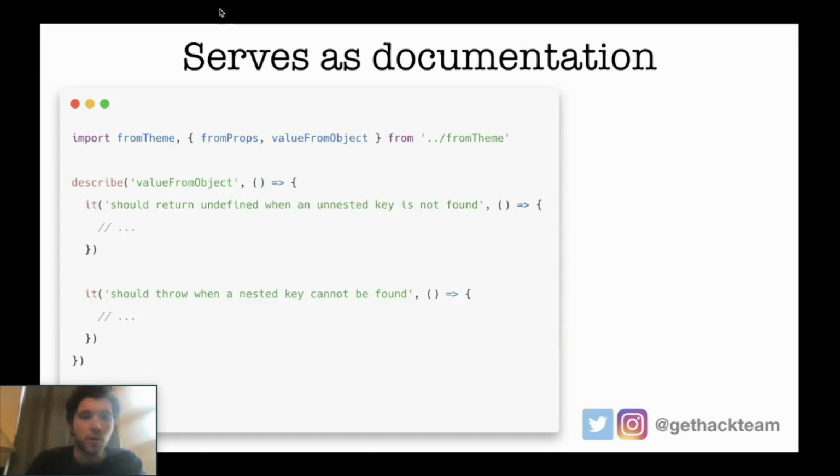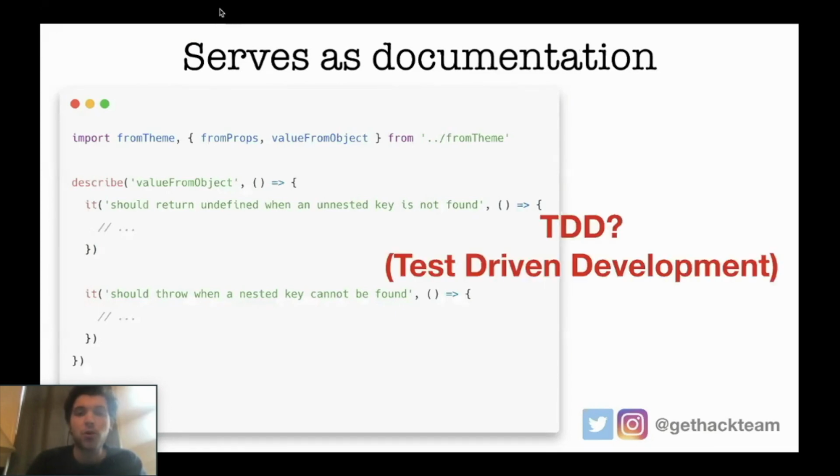Maybe your test case is to check if it returns undefined, maybe it should throw, maybe there are other test cases you want in there. Especially if you're familiar with test driven development, this is really helpful, because test driven development helps you document your code before you even write it, which is a really great approach. And this is something you can have for GraphQL as well, both server side and client side. But we'll have a look at that.